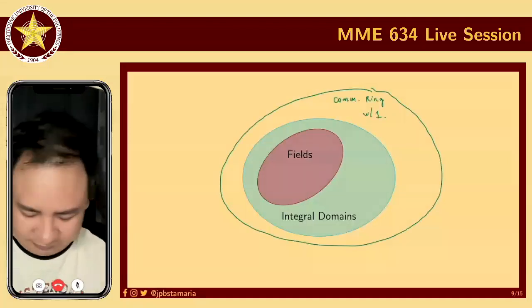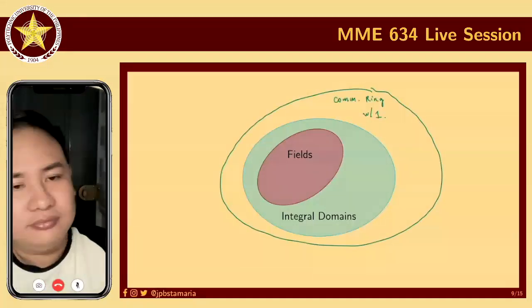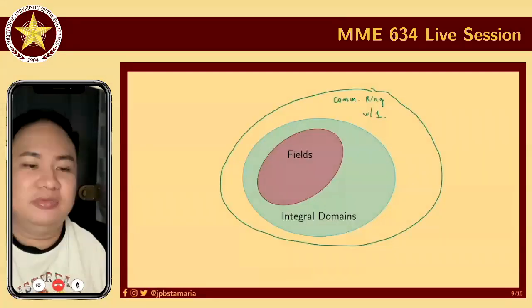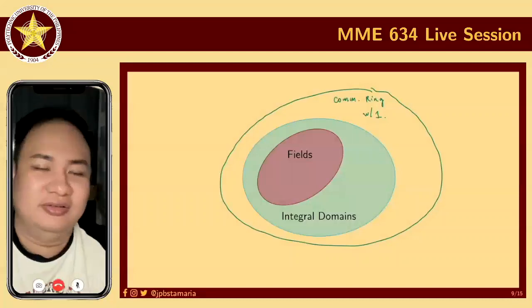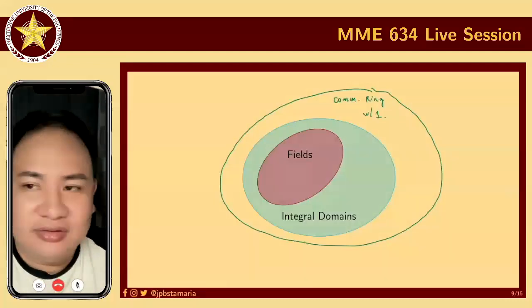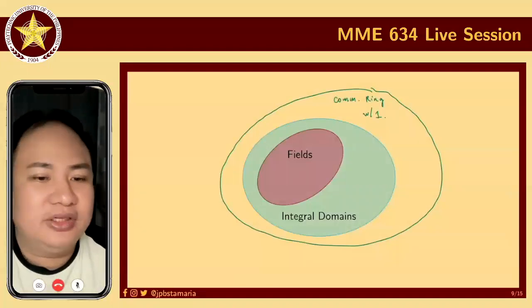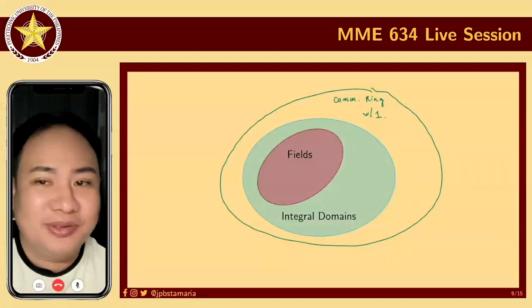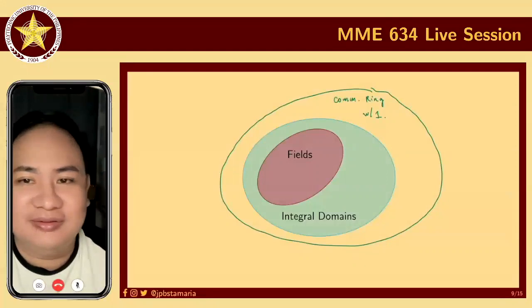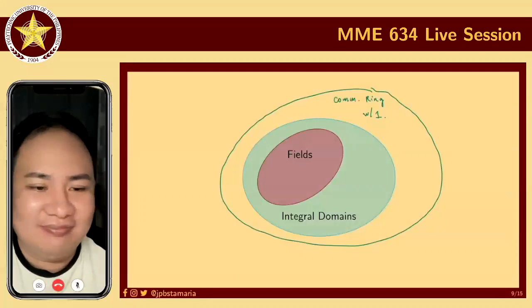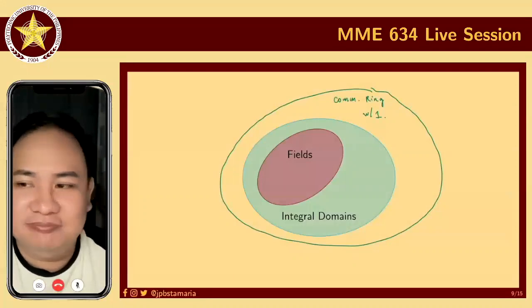Anybody? Talaga bang mas maliit yung set of all fields? Can you find a good counterexample? Integral domain siya, may zero product property, pero hindi siya field. Nabanggit ko na kanina yun. Ano kaya ang example? Anybody?